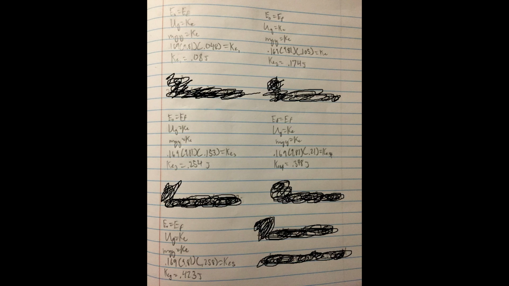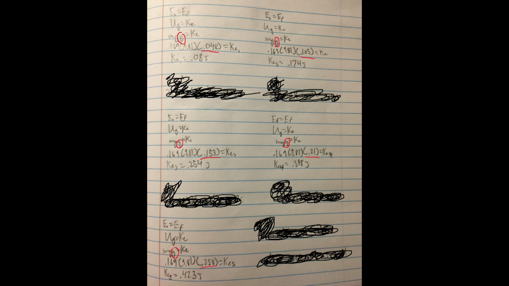So the first step, we have E naught equals E f, and then we translate that to Ug equals KE, because all the potential energy in the initial is translated into kinetic energy in the very end. Then we substitute Ug with mgy, and we can calculate the kinetic energy for all the different heights.